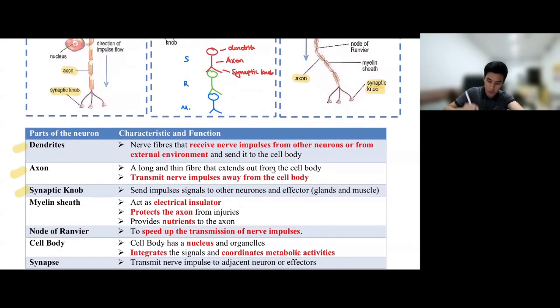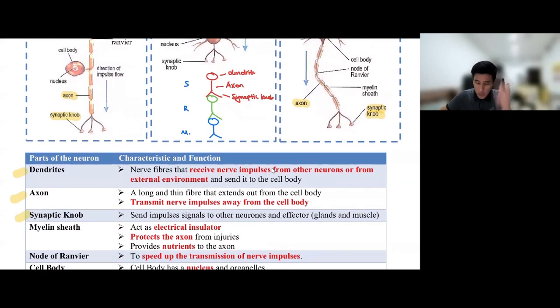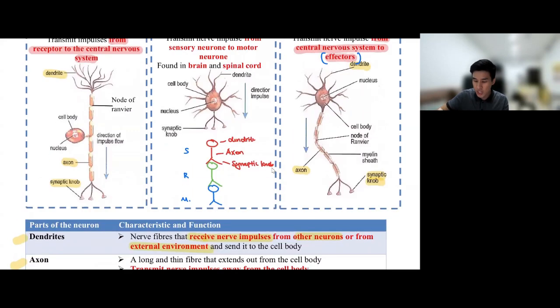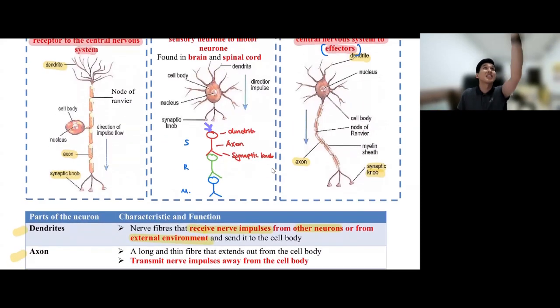Dendrites, the head, receive nerve impulse from other neurons or from the external environment. Dendrites generally receive nerve impulse because it's the head. But they say you either receive from other neurons or from the external environment.